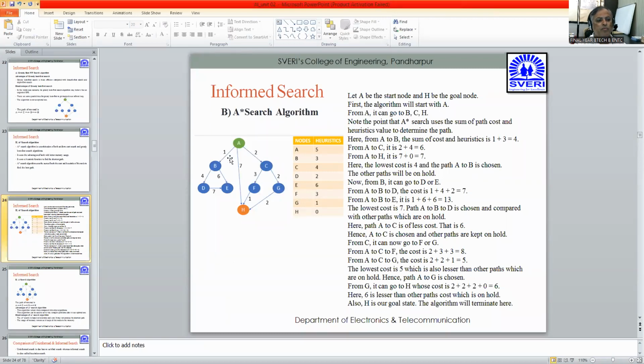And here it will be 1 and 2. So it will be from A to B.